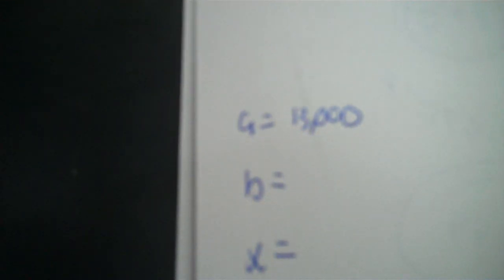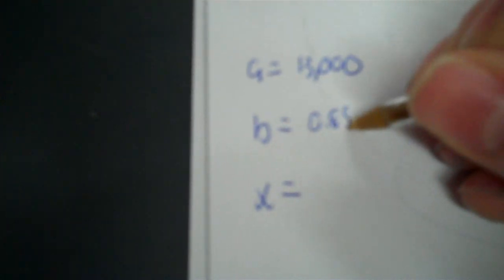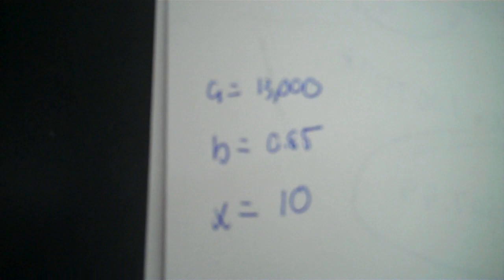A is where the y starts. It's your initial money amount. So the A is 13,000. The B is your factor, 0.85. And then the X is your power that you're multiplying by, which is 10.